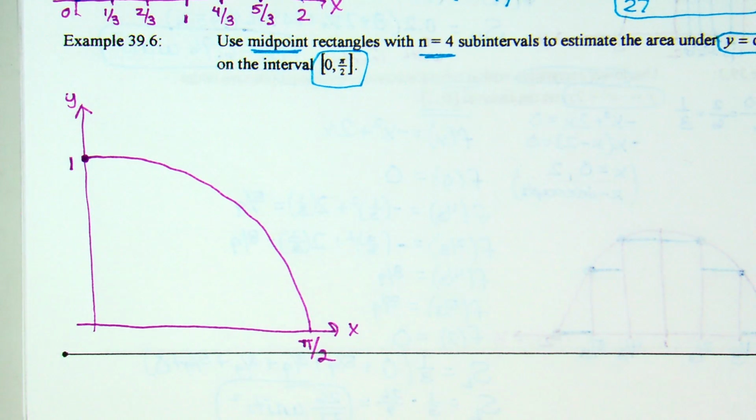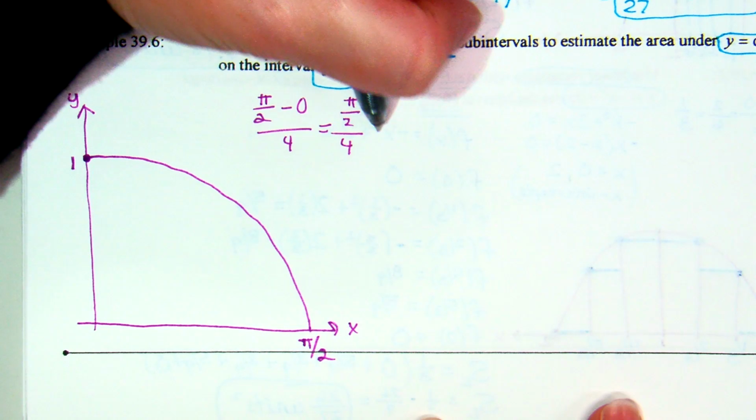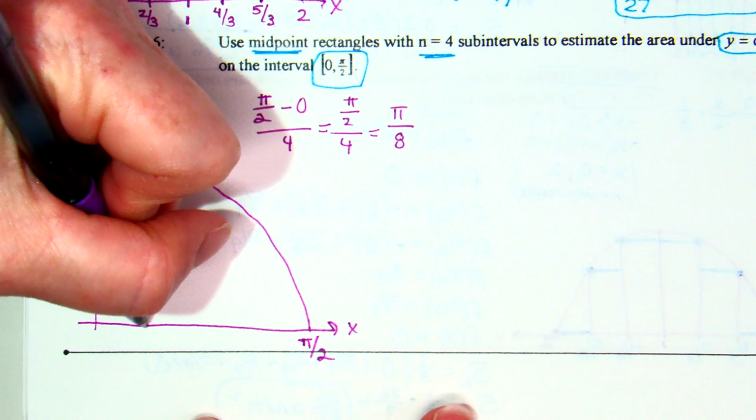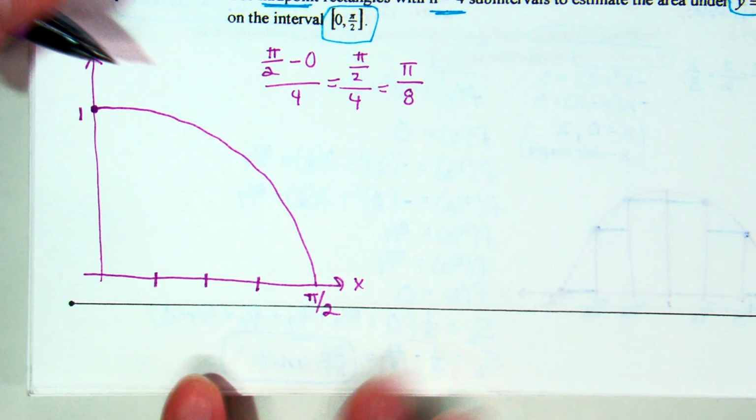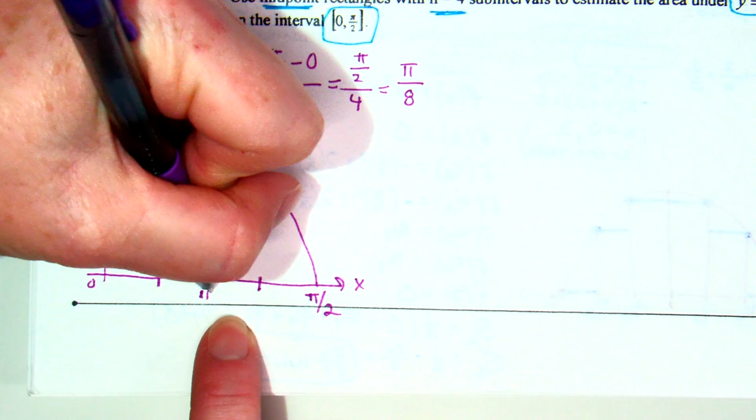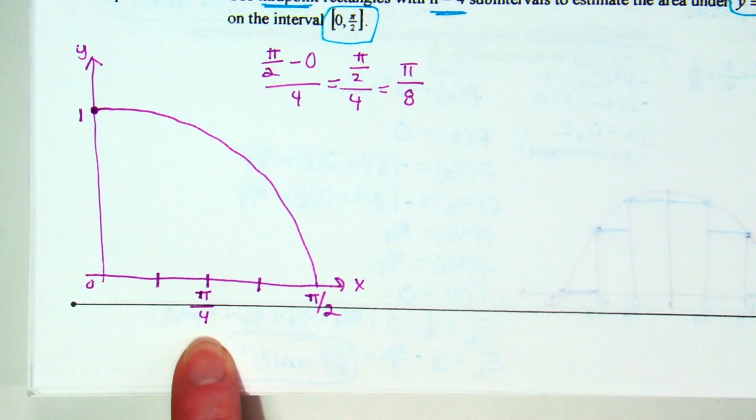Now, interval, guys. It's pi over 2 minus 0 divided by 4. So it's pi over 2 divided by 4, which becomes pi over 8. So when you set up these intervals, and we need 4 intervals, right? In the middle is pi over 4. What's half of fourths?